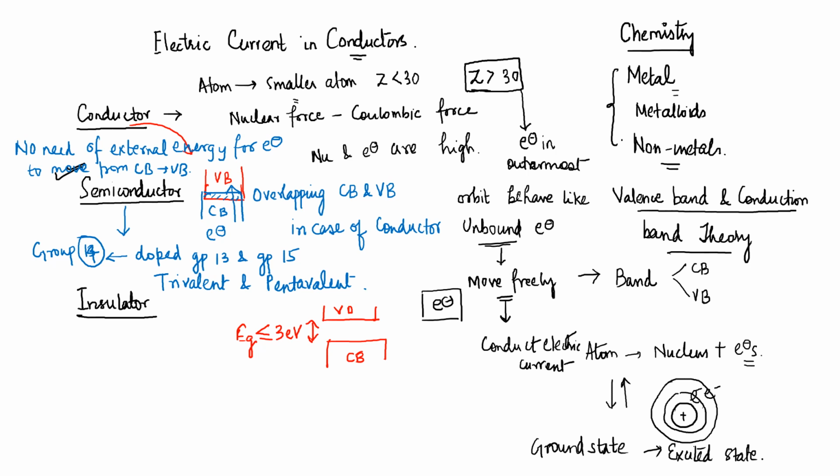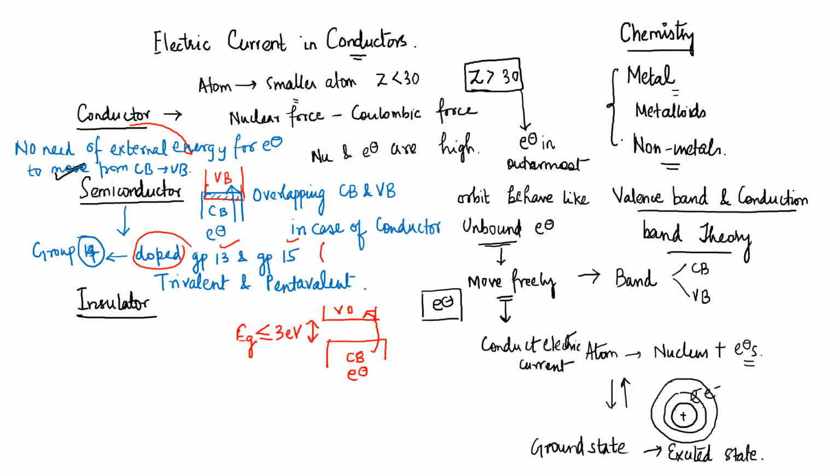So if an electron is able to gain energy equal to 3 electron volt, it can jump over between the conduction band and the valence band. To provide such energy to the electrons, we need to dope the semiconductor with group 13 and 15.